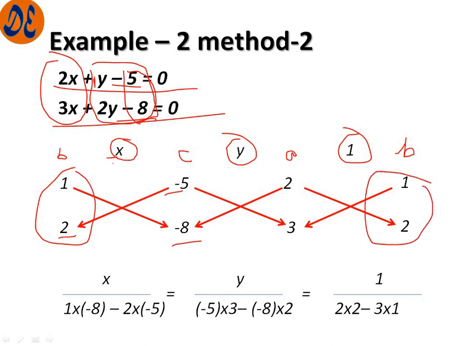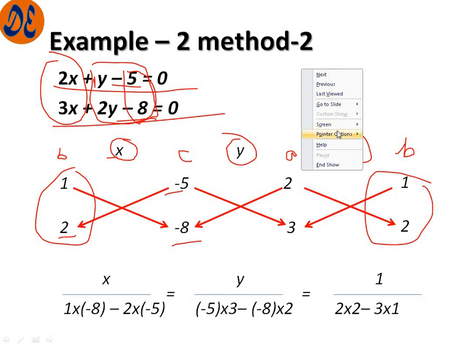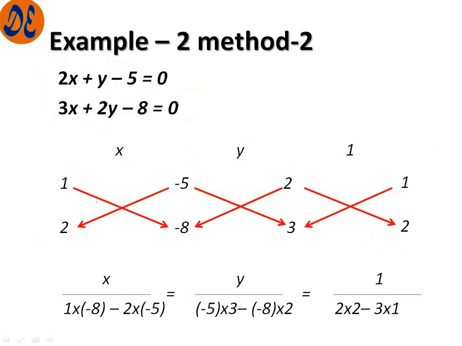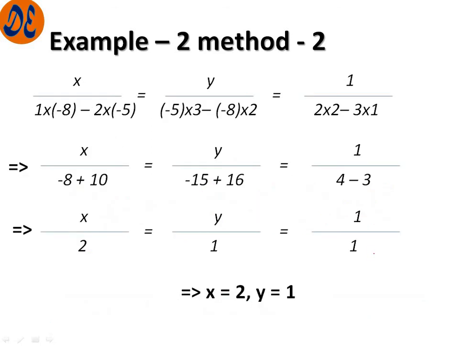And now x, so x divided by what will be there? X divided by this one into this one. Y again minus this one into this one. Y multiplied by -5, 3, -8 and 2, and 1 will be 2 into 2, 3 into 1 minus. Now this one we have obtained in the last step.